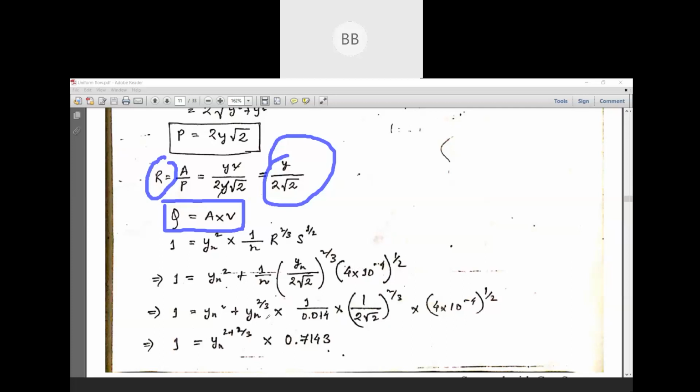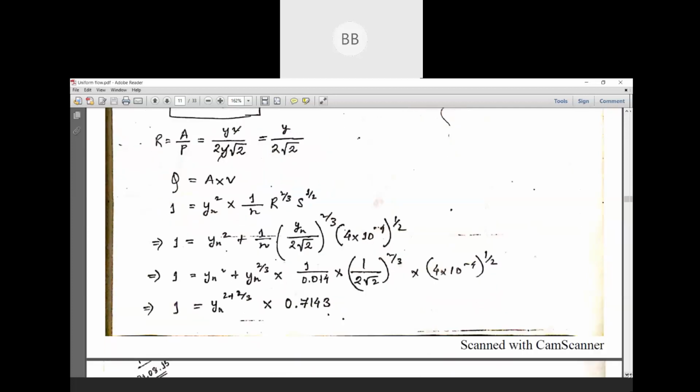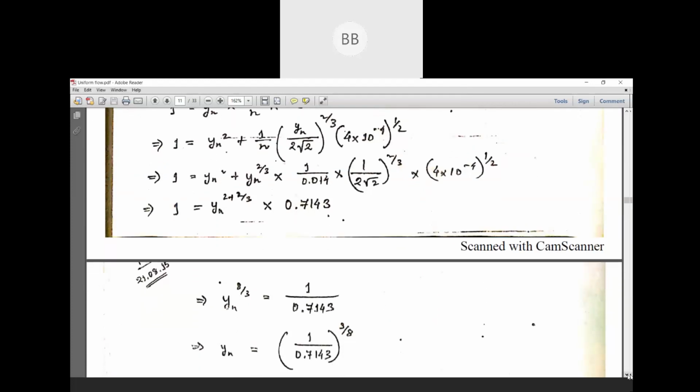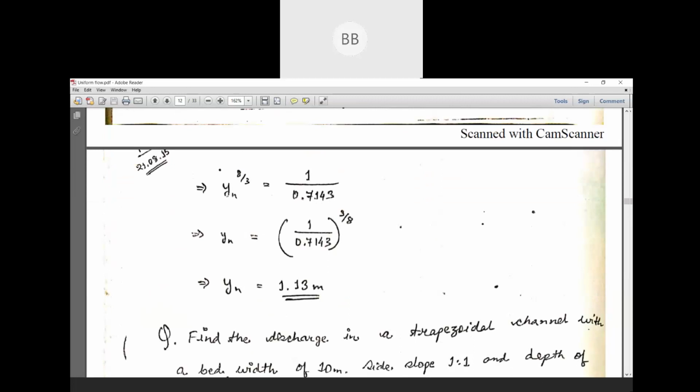Then you do the simple calculation. In this equation we have one equation and one unknown, so you can find that unknown term. Try to calculate and see whether you are getting the same value or not. That is yn equal to 1.13 meter.